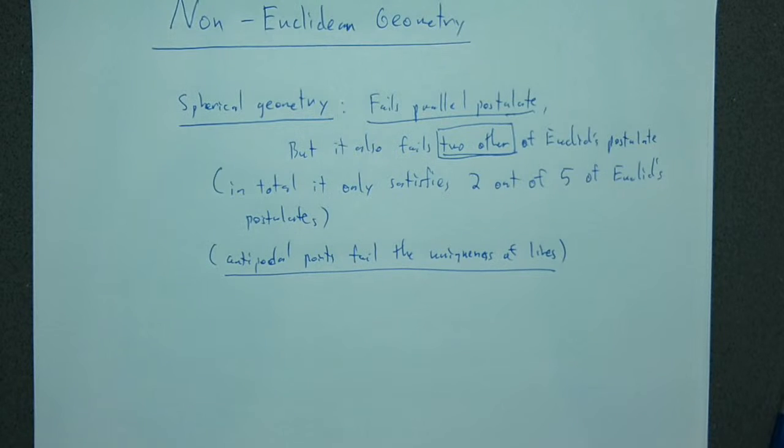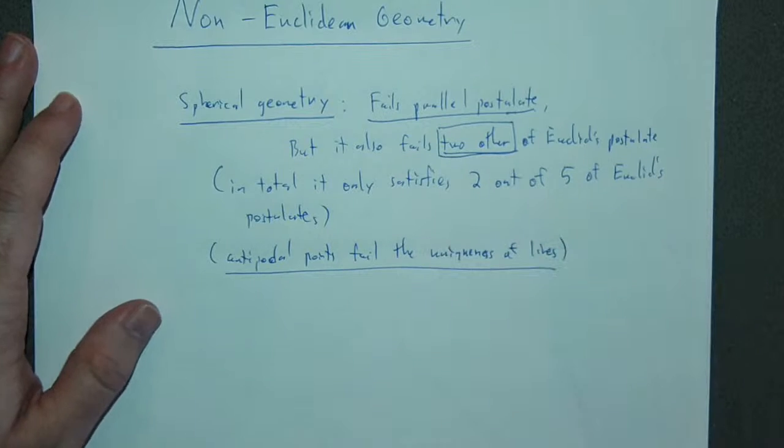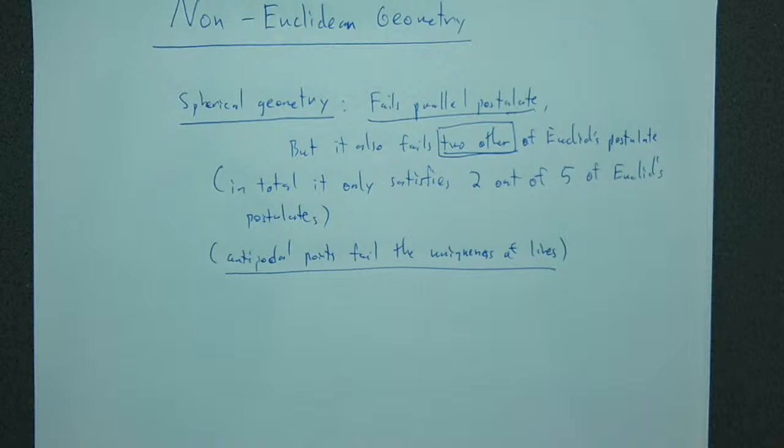So this definitely fails that postulate. The other postulate that it fails off the top of my head is the one that says that the plane contains circles of arbitrary radius, or lines of arbitrary length, right? And while, yes, great circles can be extended indefinitely, in a sense, they do not have arbitrary length, so that is failed as well.